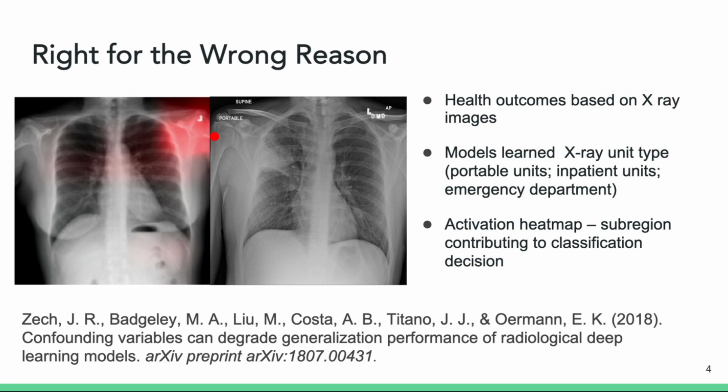And the text for inpatient units became a proxy for patients that scheduled their appointments in advance. Yes, the association between X-ray unit type and health outcomes is interesting, but it is not what we wanted or expected. If all of a sudden I stopped showing text in my X-ray images, my biased machine learning classifier will not perform well.